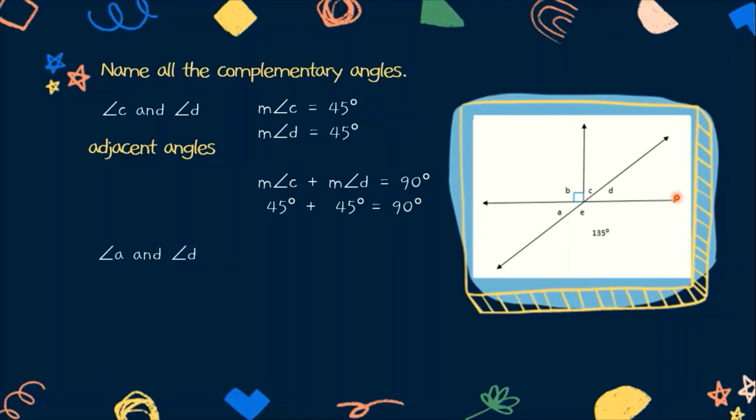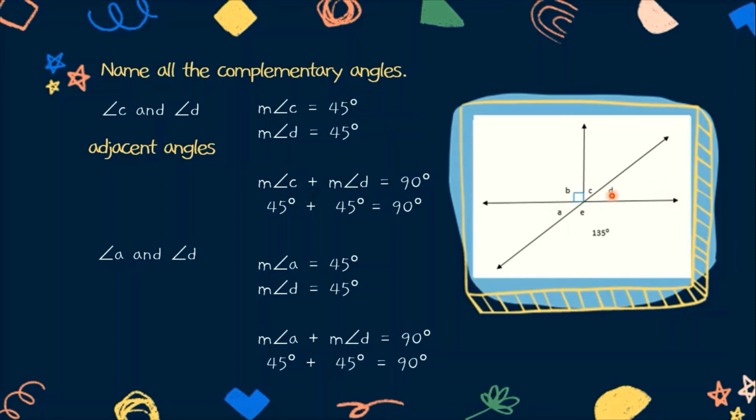We also have another complementary angle pair, angle A. So, ito yung ating angle A. Ito naman yung ating angle D. Mapapansin natin, hindi sila magkadikit, magkalayo naman sila sa isa't isa. However, their measurement, A is equal to 45 degrees, D is equal to 45 degrees. If we add them together, their measurement is equal to 90.